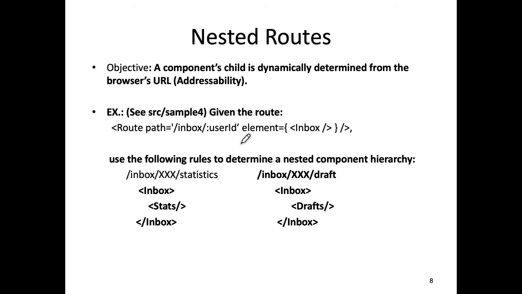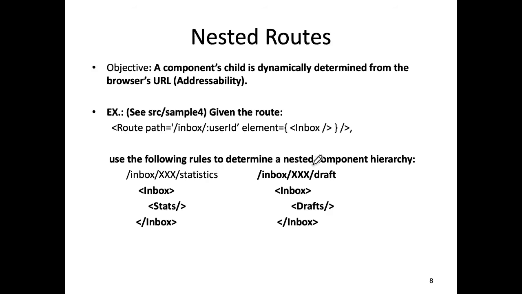That's fine. But we're saying down here, if the URL has another bit tagged down at the end of it, in my case, I'm saying if it has /statistics tagged on to this part here, then I want the inbox component to be mounted, but I want the stats component to be mounted as a subordinate of it.